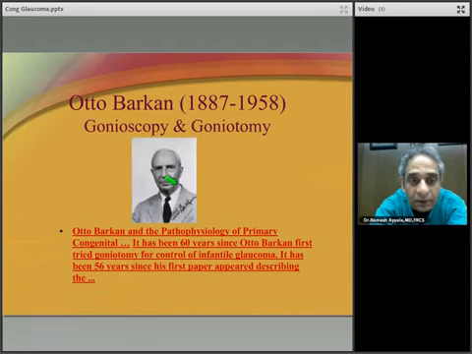One, gonioscopy, based on which we are able to classify glaucoma into open angle and closed angle, and goniotomy, which is the most common surgical technique employed to cure or treat primary congenital glaucoma.